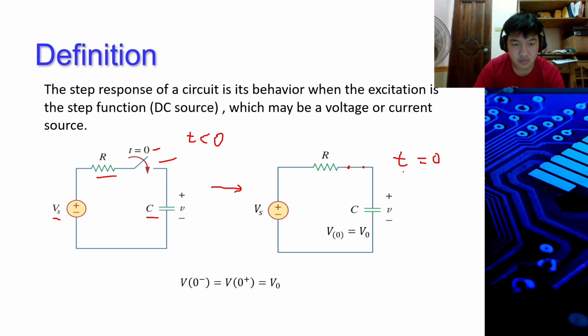V of 0 negative is when the time is less than 0 and the switch is open, and it is equal to V of 0 positive. When t is equal to 0, the switch is closed.